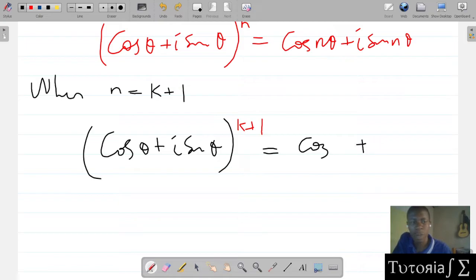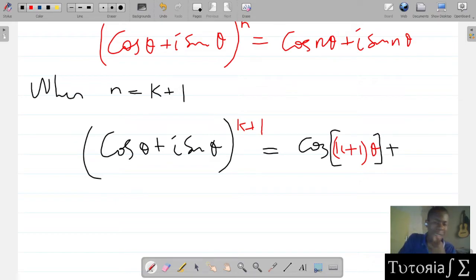So where there is n, we're putting k plus 1 times theta, like that, in parentheses.